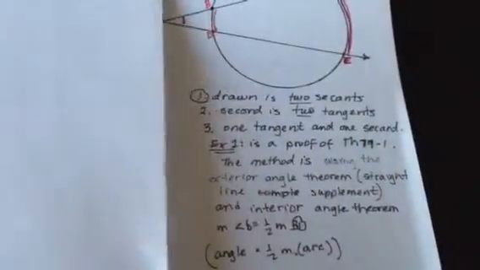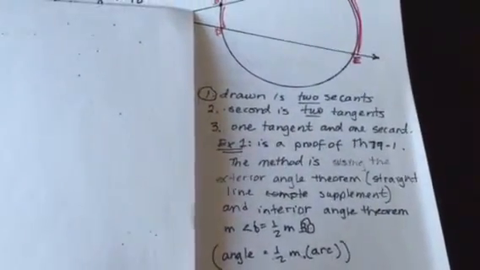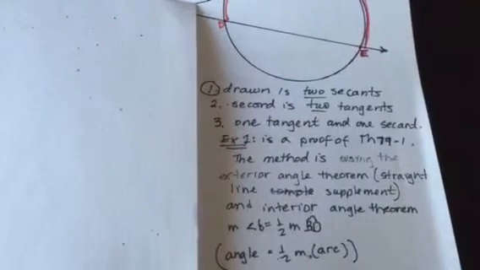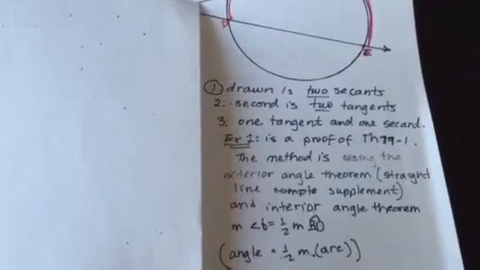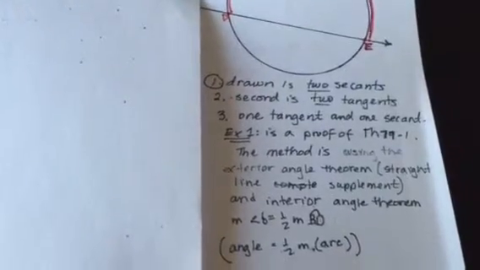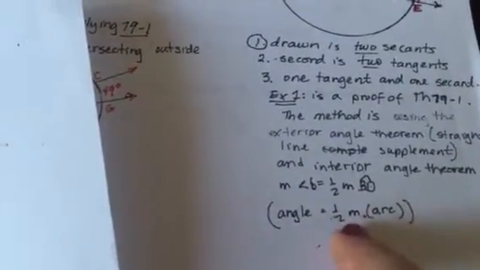The method is using the exterior angle theorem with the complement of a straight line, and the inscribed angle theorem, which is that the measure of an angle equals 1/2 the measure of its intercepted arc.